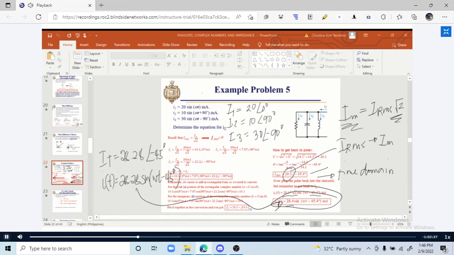Now, Steven, what is the next step? According to the problem, we should determine the equation for the I total. So how can we determine the equation upon getting the frequency domain equivalent of the answer? What are we going to do?